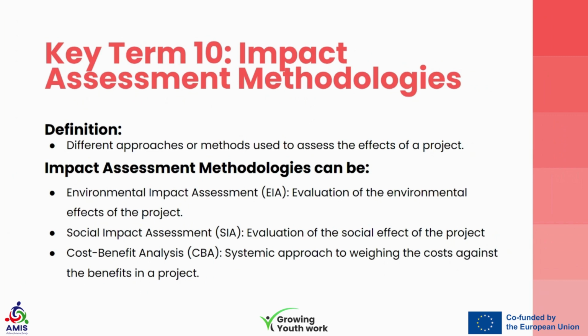It's a systematic approach to estimating the strengths and weaknesses of the effects coming from the project. It weighs the costs against the benefits in a project. Benefits and costs can both be social, economic, environmental, or cultural in character.